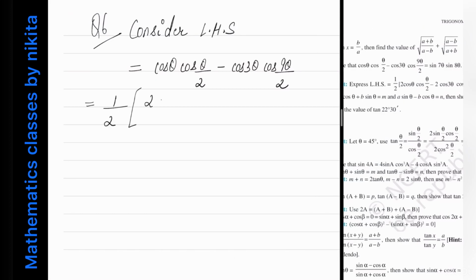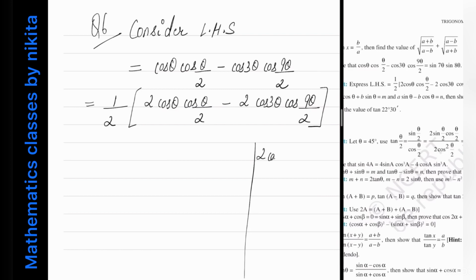So this will be 2 cos theta into cos of theta by 2 minus 2 cos of 3 theta into cos of 9 theta by 2. Okay, now I will use the formulas. The formula says that 2 cos x cos y is equal to cos of (x plus y), okay, plus cos of (x minus y).